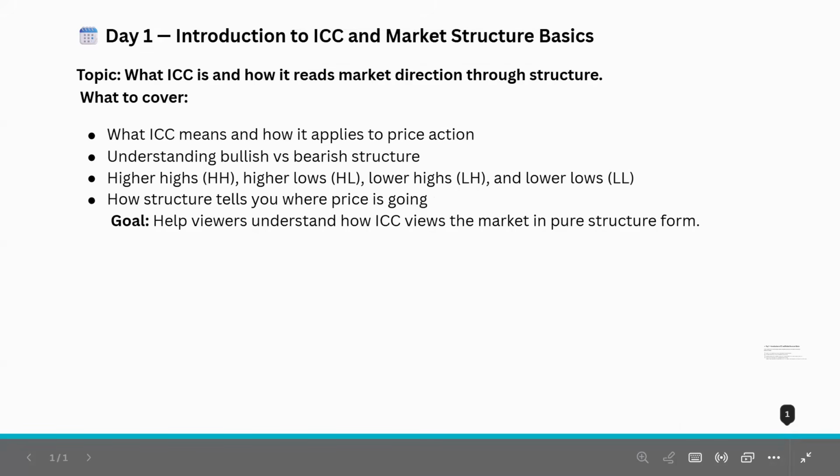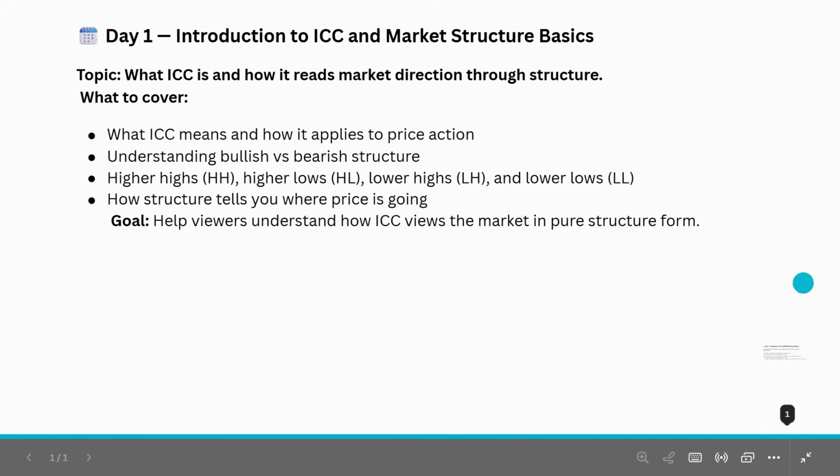You can find higher highs and higher lows on an uptrend or bullish trend, and the lower highs and lower lows on a bearish or downtrend. Then something you want to tap into is how structure tells you where price is going.